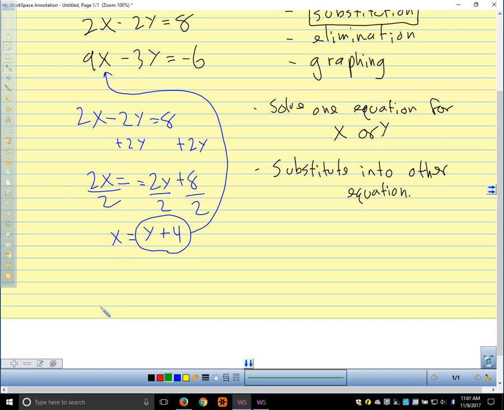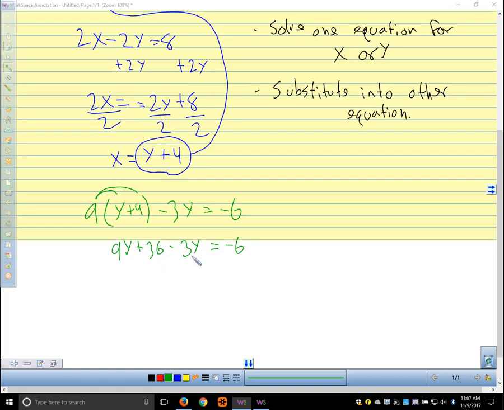So I'll do that in green. 9 times y plus 4 minus 3y equals negative 6. So I've substituted that into the other equation. And now I just have y. I can solve for y. So first I'm going to distribute. So I get 9y plus 36 minus 3y equals negative 6.